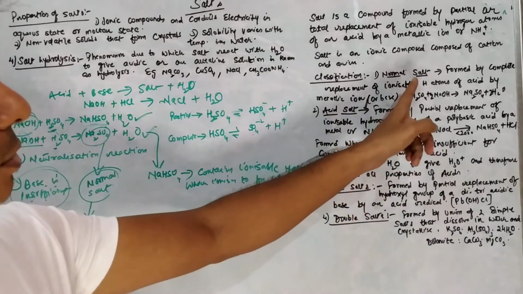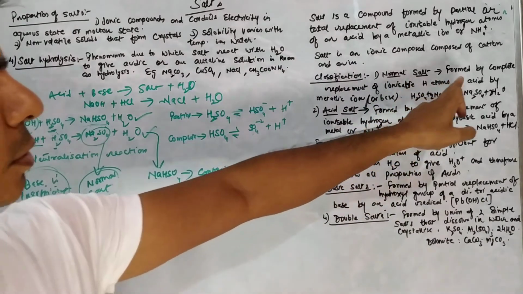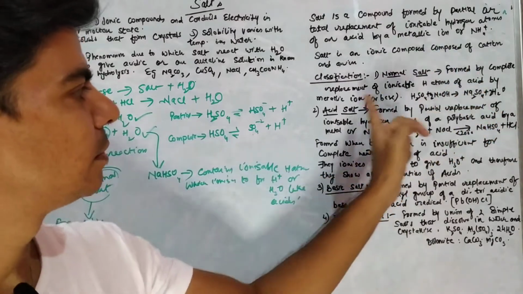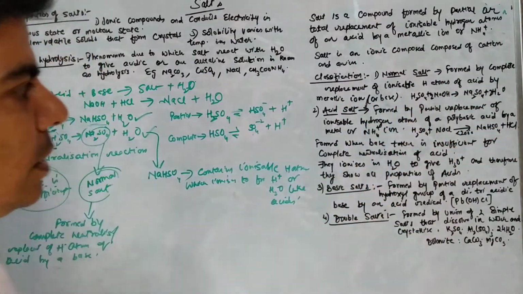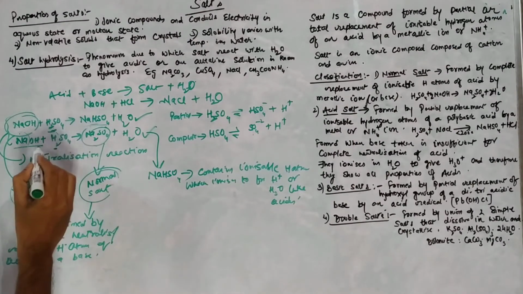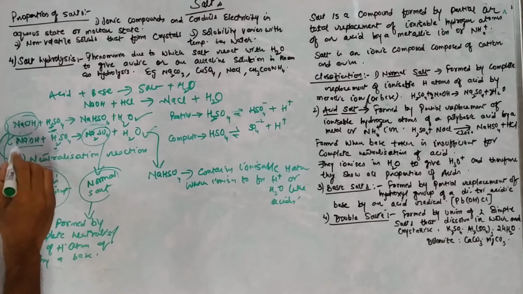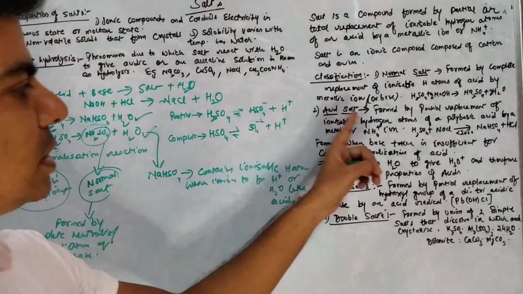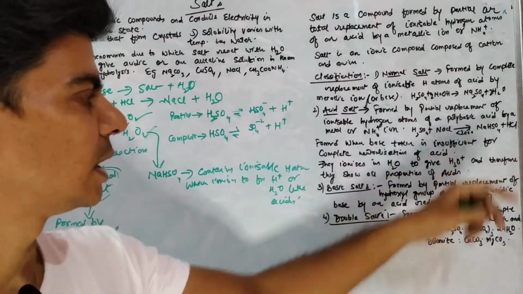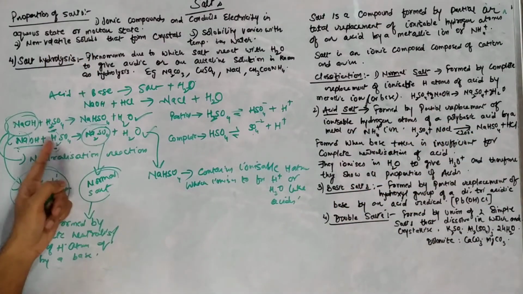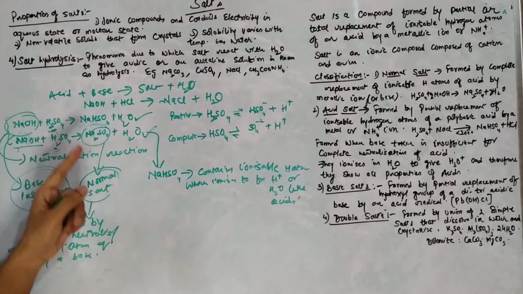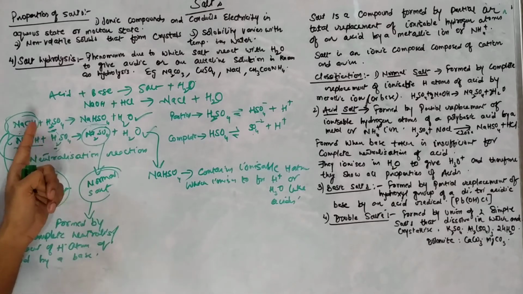So here is the definition of salts: normal and acid salt. A normal salt is formed by complete replacement of ionizable hydrogen atoms of an acid by a metallic ion or base, right. Here I've shown you that both the hydrogen atoms of the acid are replaced by sodium hydroxide. Similarly, an acid salt is formed by partial replacement of the ionizable hydrogen atoms of a polybasic acid. This sulfuric acid is a polybasic acid, and this salt is formed by partial, that is incomplete, replacement of hydrogen atoms.